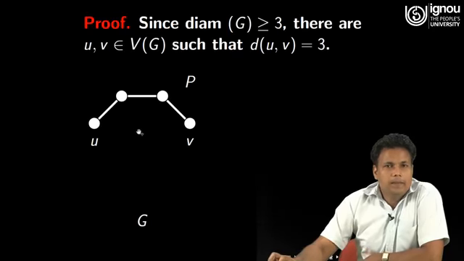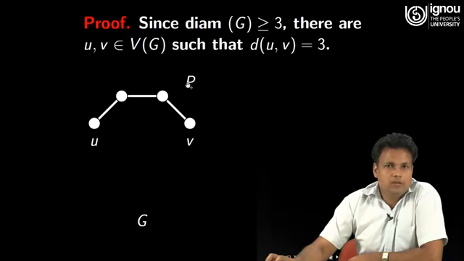Note that the internal vertices on this path cannot be adjacent to both U and V, because otherwise U and V would have a path shorter than P, which contradicts the hypothesis. So U and V are non-adjacent here. Likewise, there is no edge of this kind and no edge of this kind.